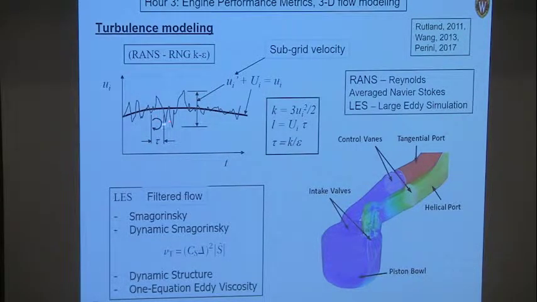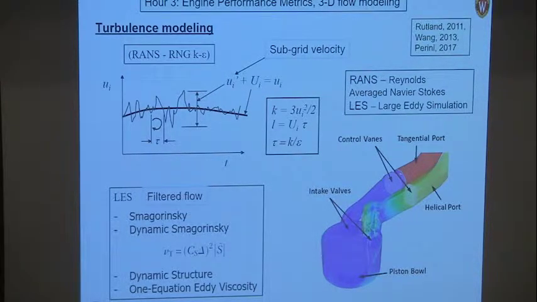If I have a time scale for the rotation of one of these eddies that went past my measurement device, I can calculate a length scale of that eddy. And then the time scale itself allows me to calculate the turbulent dissipation rate, which is called epsilon. So that's the k-epsilon model.